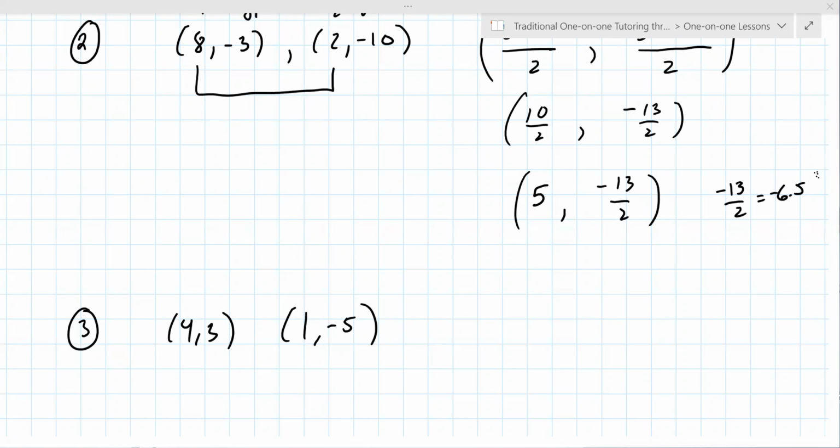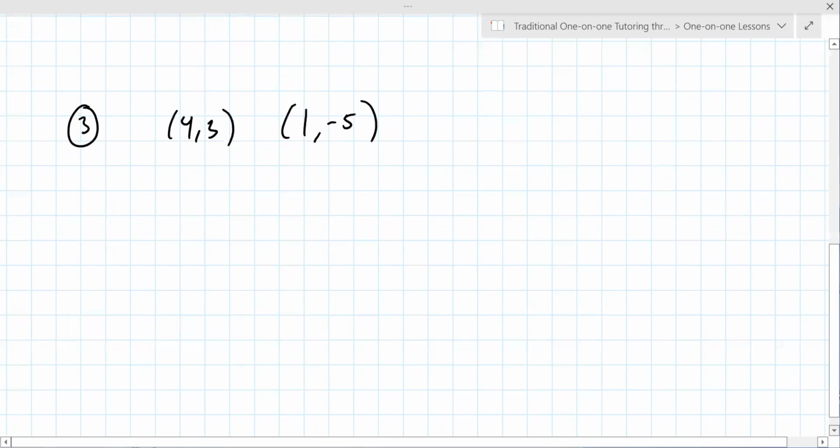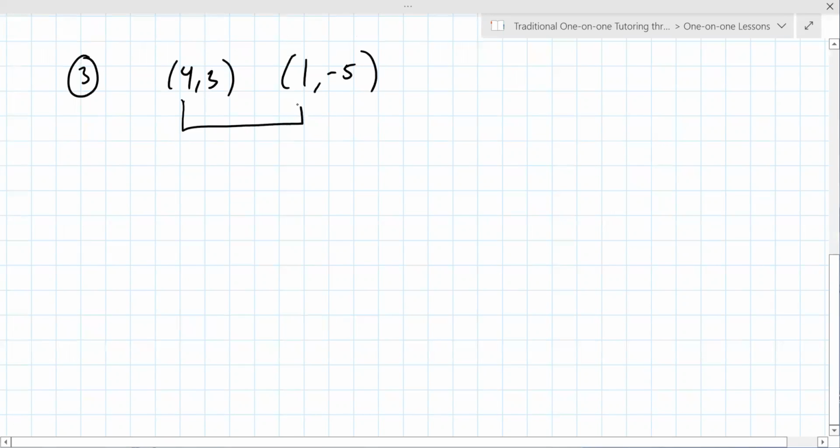Is it 7/2? So you're adding up the x values, right? The x values come first, x1 and y1, x2 and y2. So you're adding up 4 and 1 and dividing by 2. The x values always come first in the ordered pair, x before y. That's how I remember it.